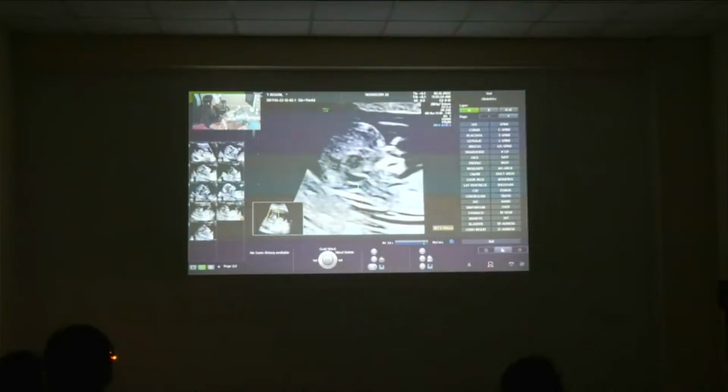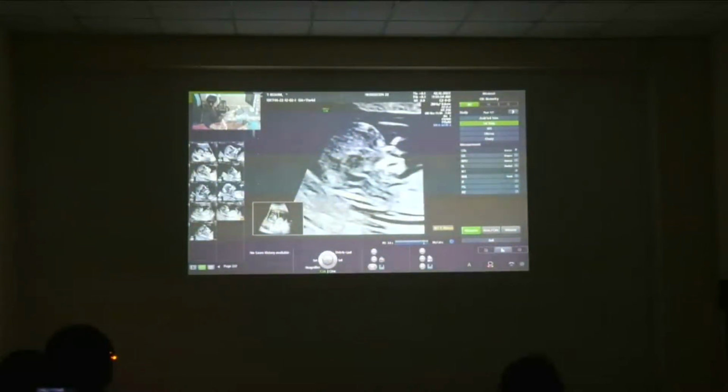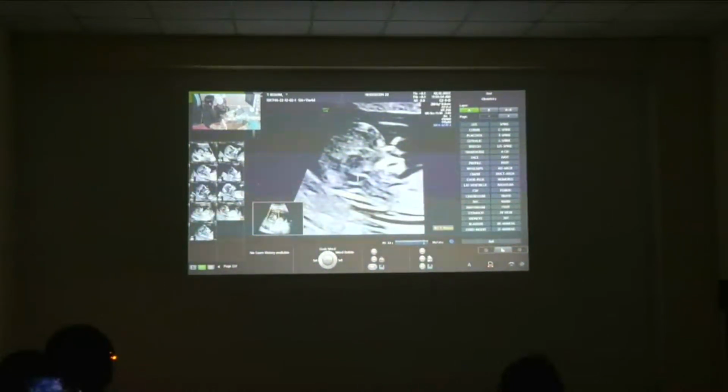And out here, what are the other things we will see? We will see the intracranial translucency. This is the IT, I just labeled it so that you can see properly. This is the NT. This is the thalamus, the midbrain, the medulla oblongata.